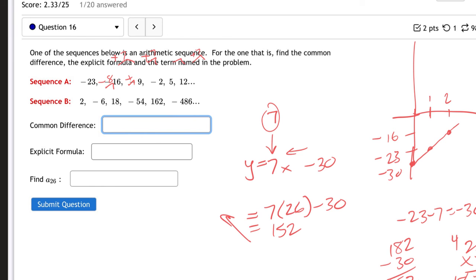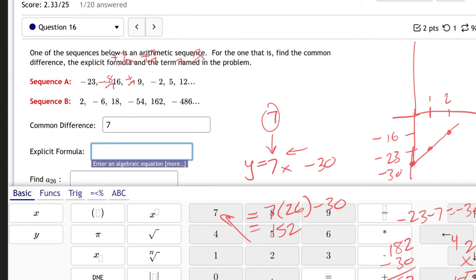So as I put these in, okay, there we go. This should be y is equal to 7x minus 30. I got stuff going all over the place here.